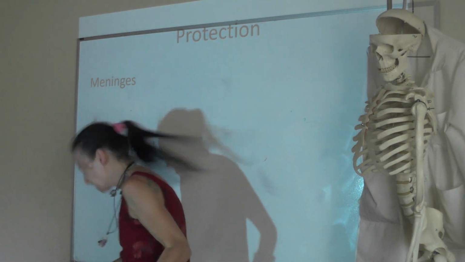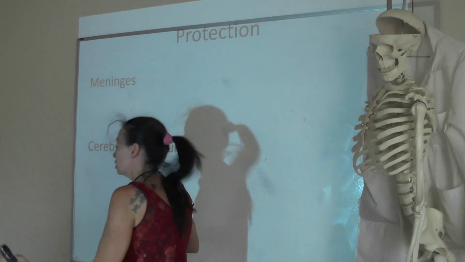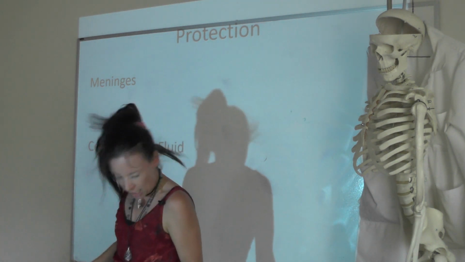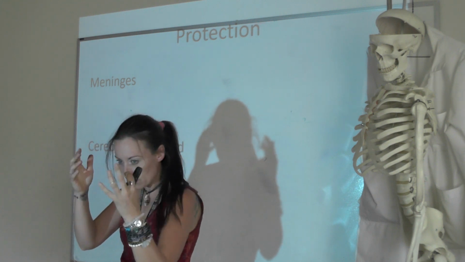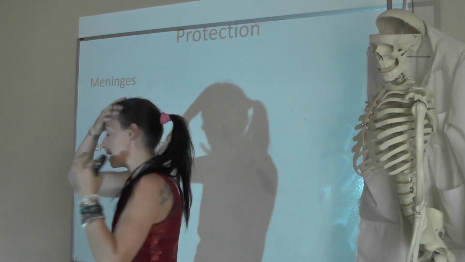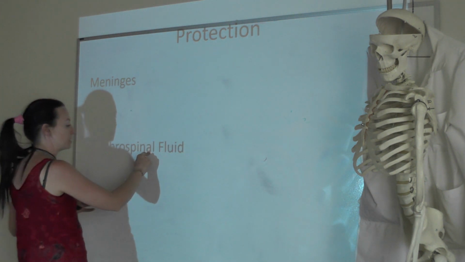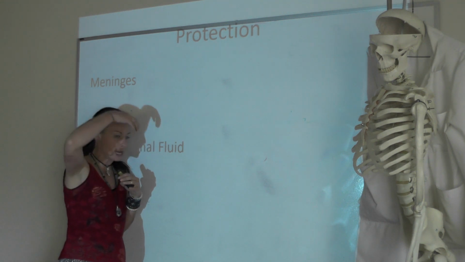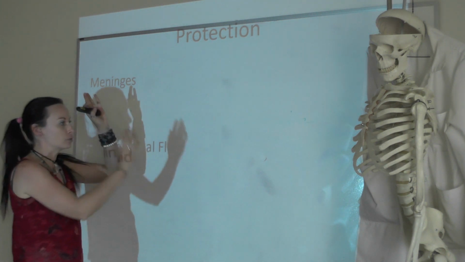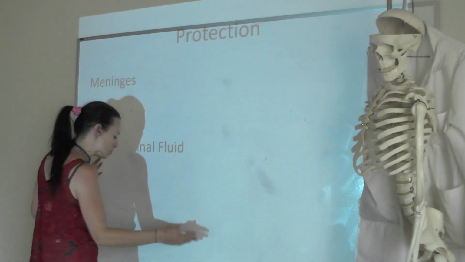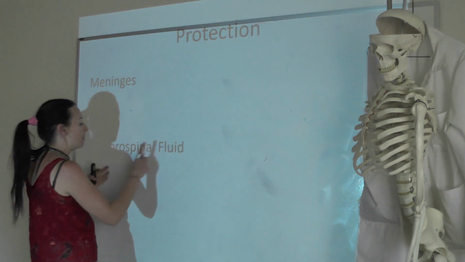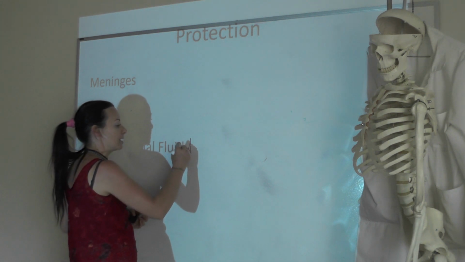So if you're head banging like a maniac, your brain isn't crashing into your skull at high velocity because cerebrospinal fluid is slowing it down. So cerebrospinal fluid circulates in that subarachnoid space and then also around your brain through the central canal and around your spinal cord.